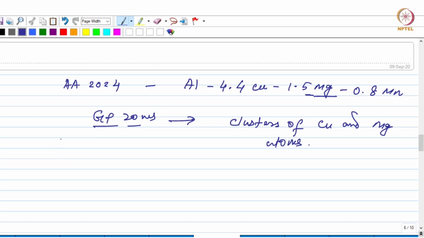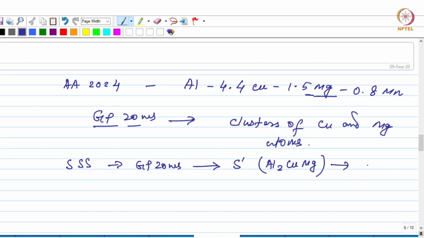And the precipitation sequence will be like this. And now the precipitate will also be different because we have magnesium joining in along with copper. So instead of CuAl2 or Al2Cu, it will be Al2CuMg because now Mg has also joined, right?